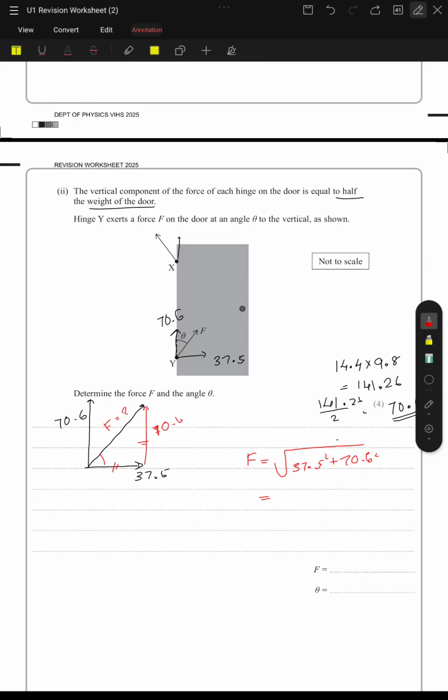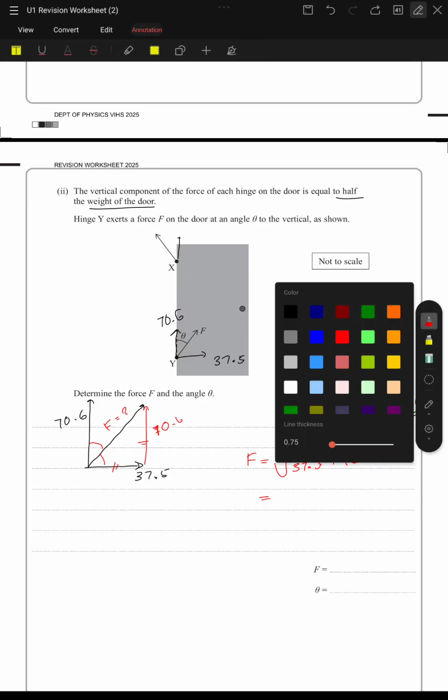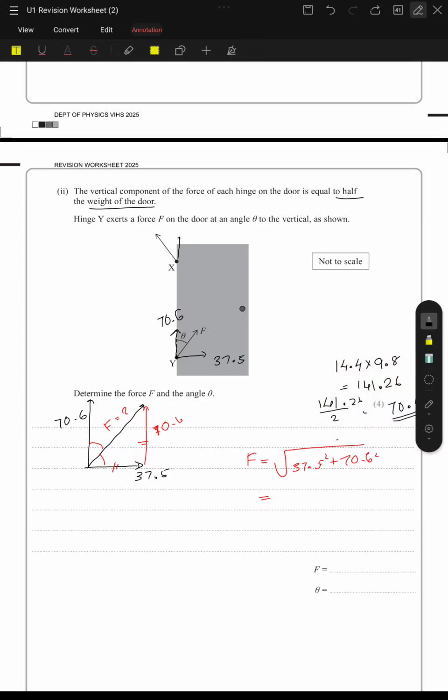Now the other thing that we need is the angle theta. This angle we have to find. This angle theta is what we have to find. So here we can take opposite side divided by adjacent side. So if you want to, you can construct a triangle.